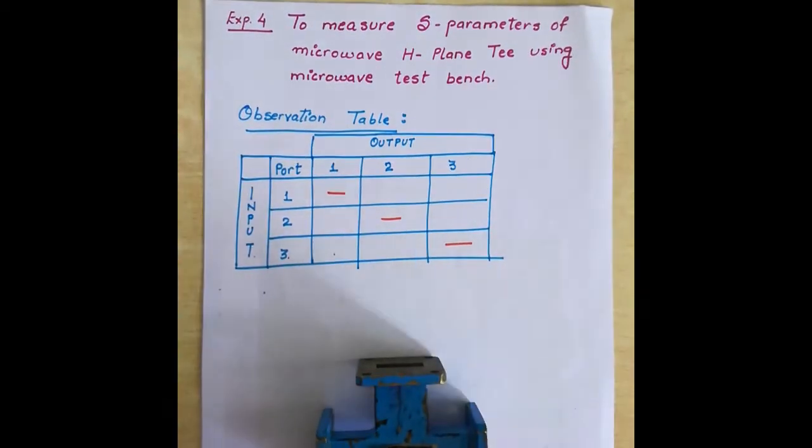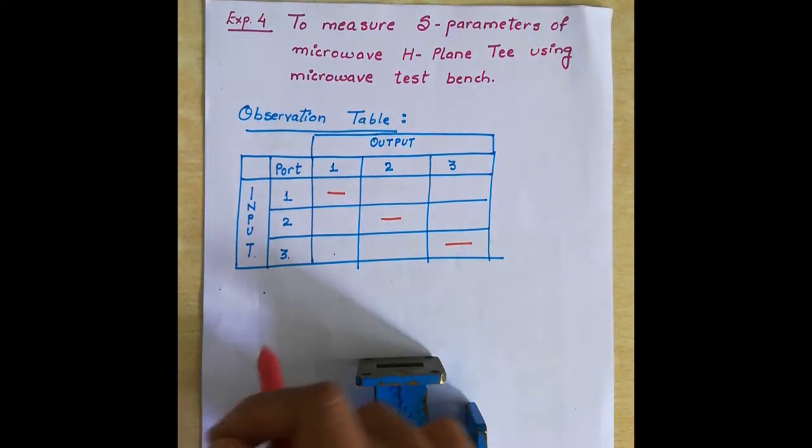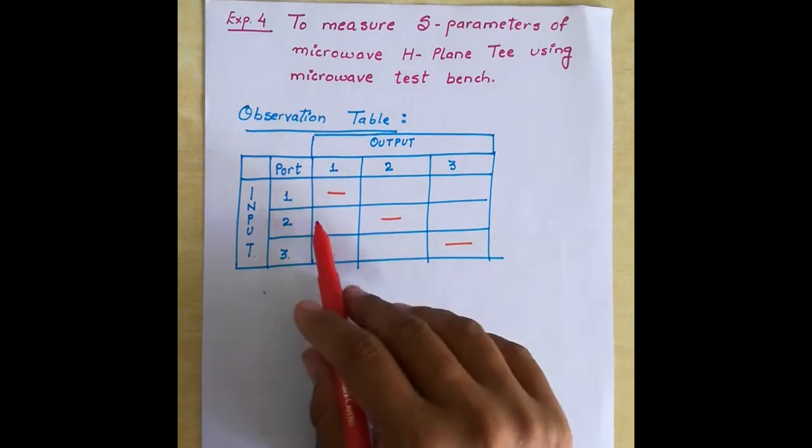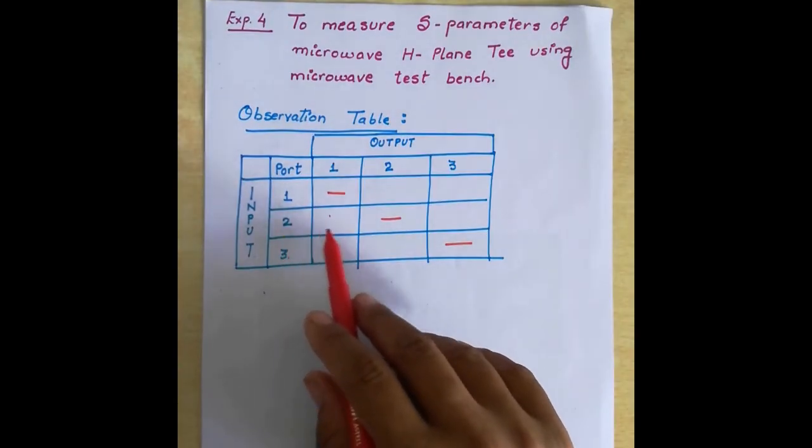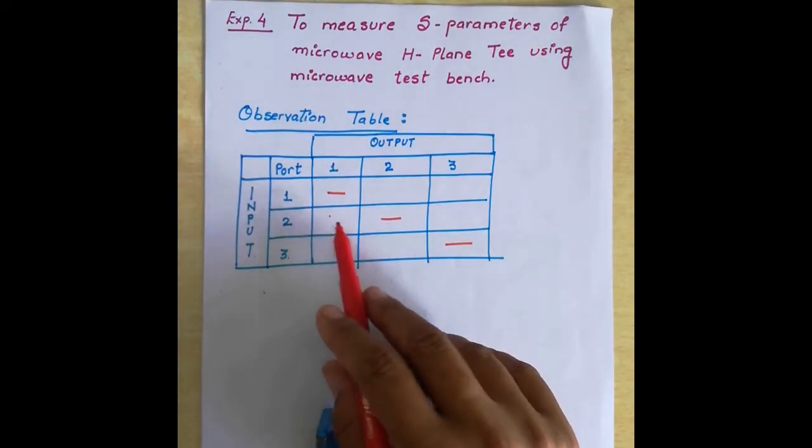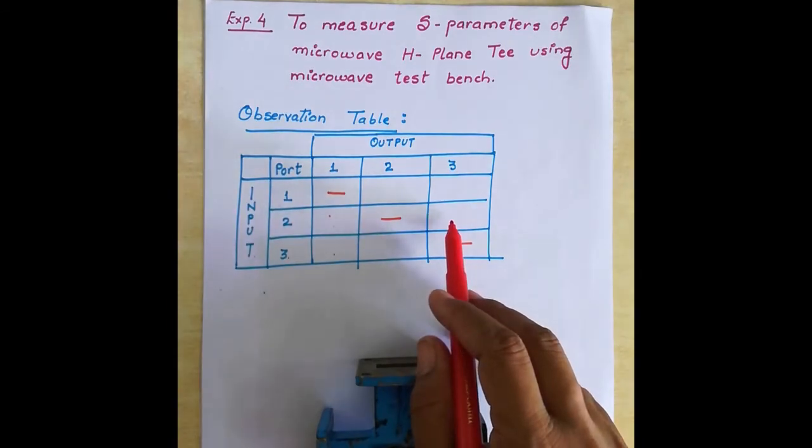Similarly, if I give input from port number 2, I measure output from port number 1 and port number 3.